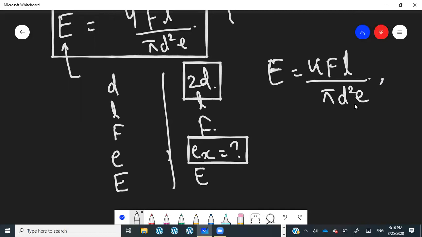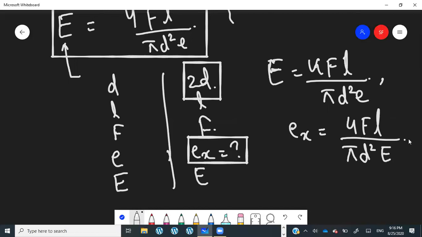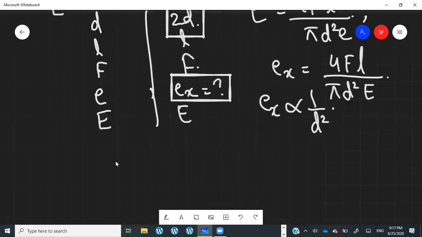Now, make extension the subject. What's the relationship between them? Decreases. Okay, tell me the exact value. Halves. Will it halve? Yes. No, there's an inverse square relationship. So what will it become?